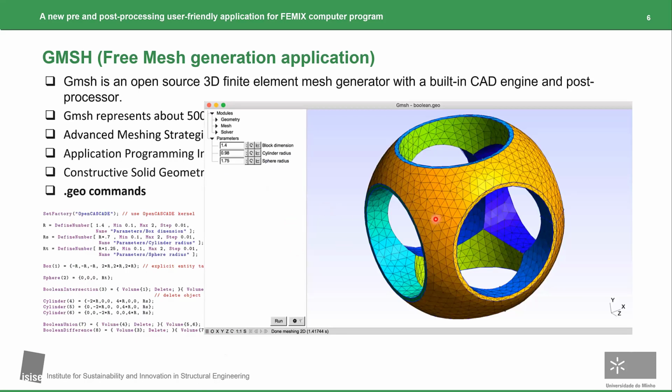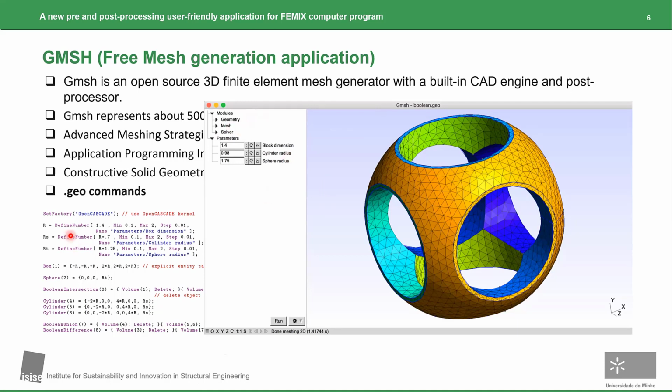In this image, we can see the interface of the application. This is the Gmsh interface. We can use geometry for creating the model, and after creating the model, we can use mesh for mesh generation.